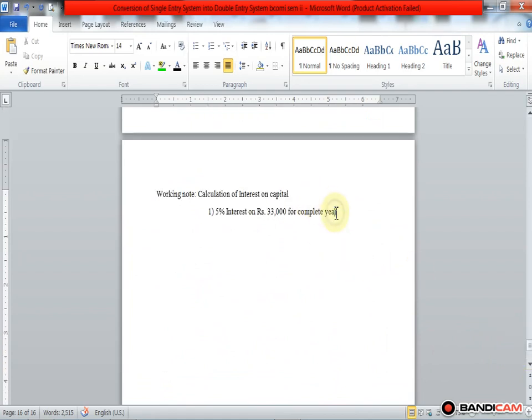So we calculate separate interest and then we add this interest and then we transfer the entries or adjustment. For 1 year the amount is 5 divided by 100 multiplied by 33,000, equal to rupees 1650.